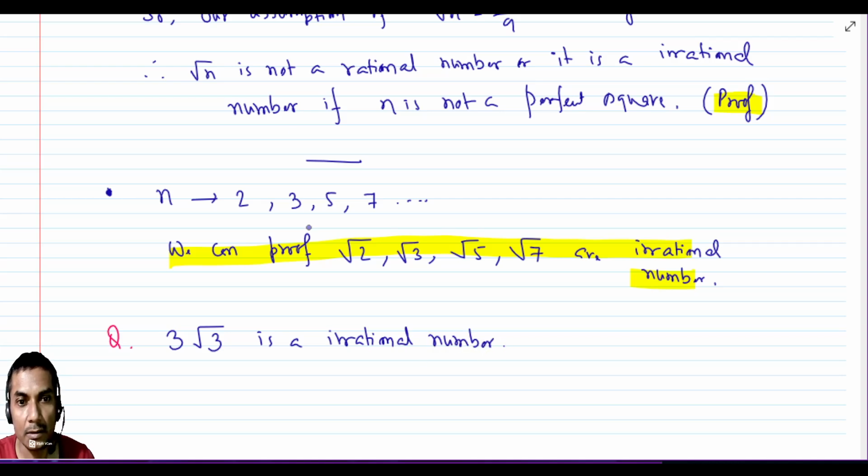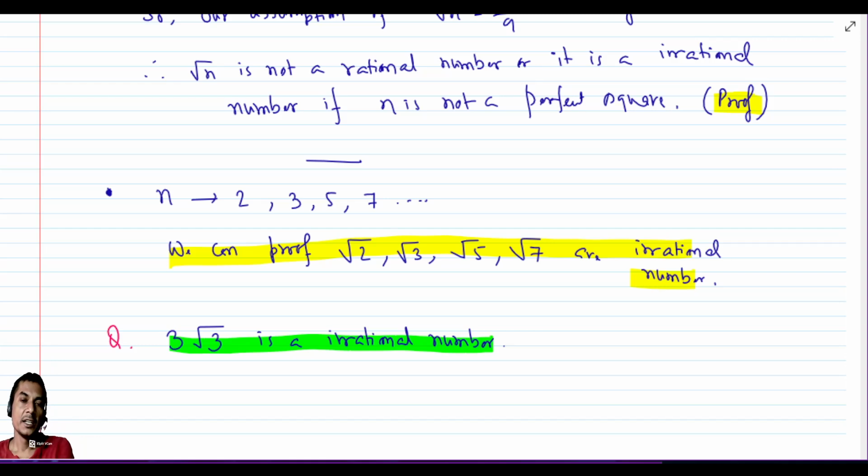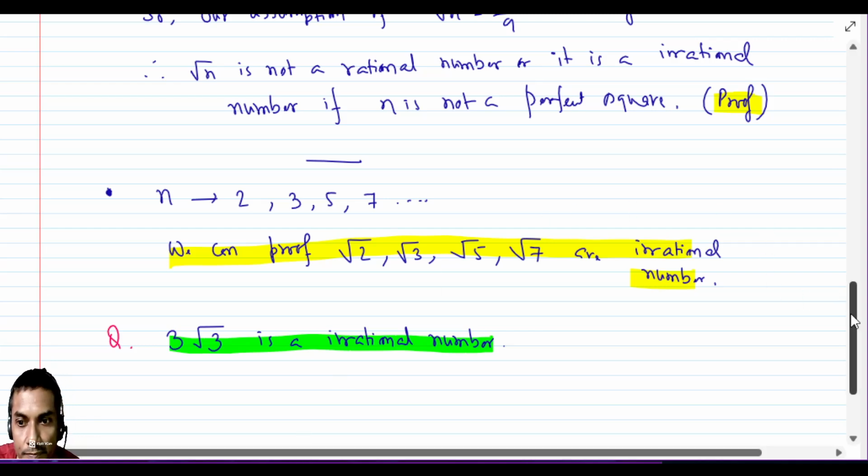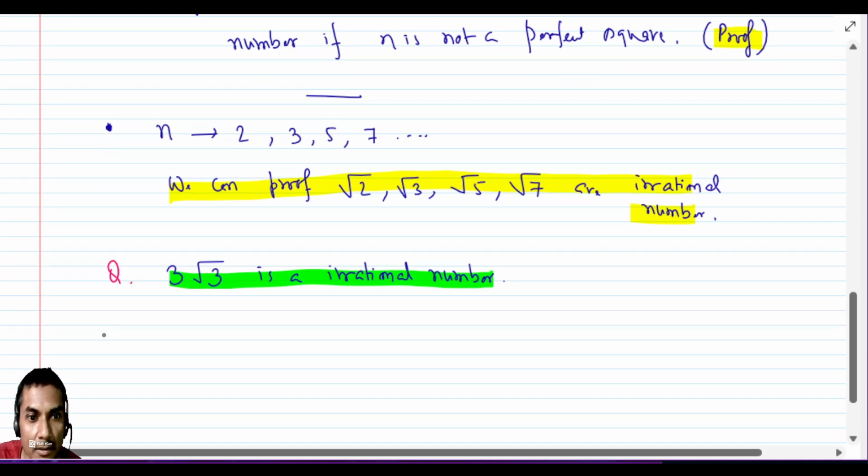Always remember that the multiple of any irrational number is also an irrational number. Done. How can you answer this question? This is the question. The answer will be like this.